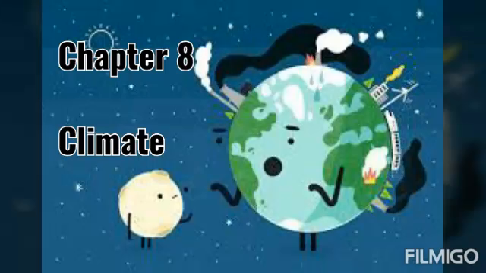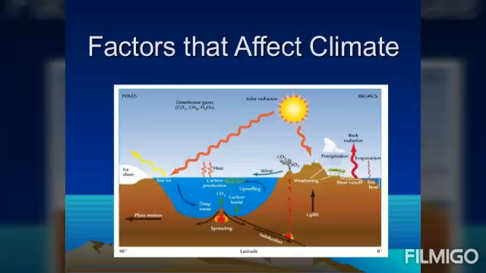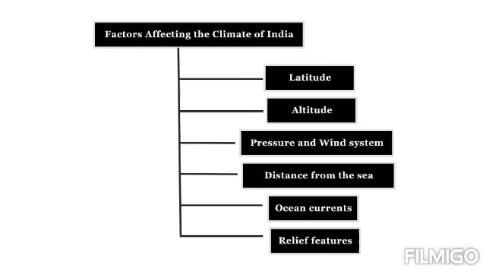Now, we will discuss something about the factors that affect the climate of India. India is a vast region and its climate is controlled by a number of factors. The factors affecting the climate of India are latitude, altitude, pressure and wind system, distance from the sea, ocean currents, and relief features.